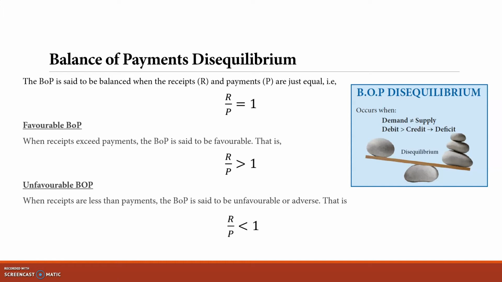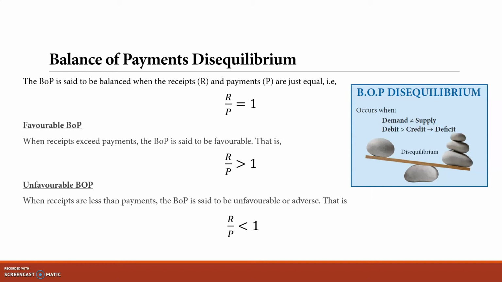If both are equal, we say that the balance of payments, that is R by P, is equal to 1. So demand will be equal to supply, or the receipts are equal to payments. If income and expenditure are equal, the balance of payments will be in equilibrium position.